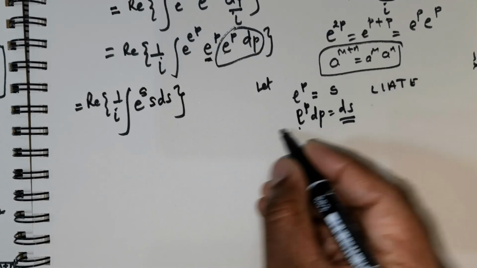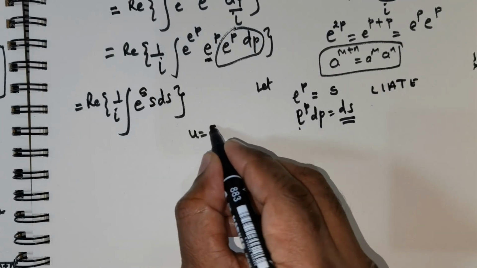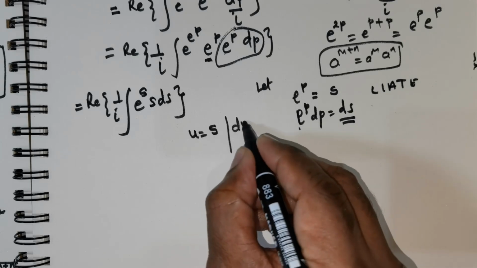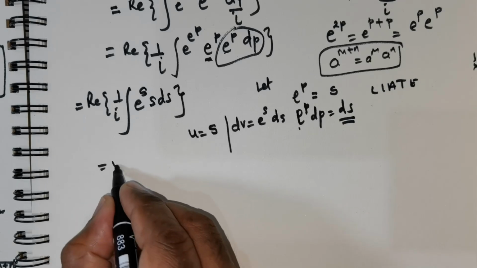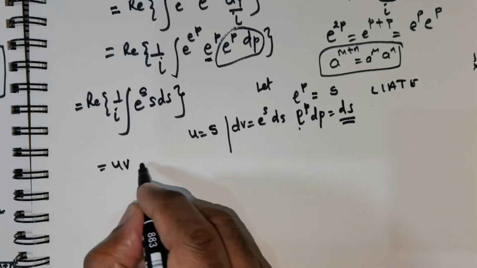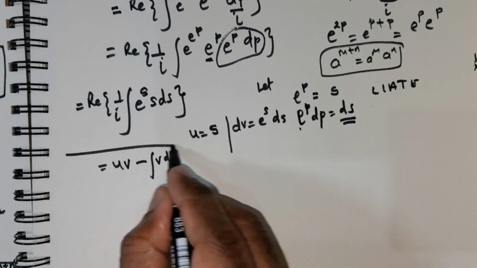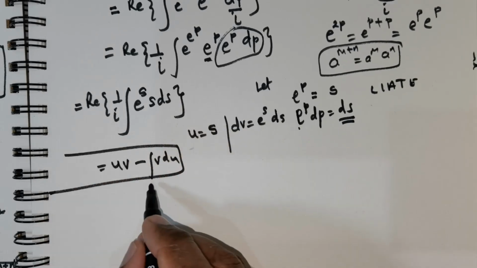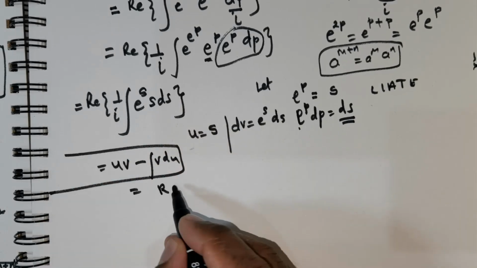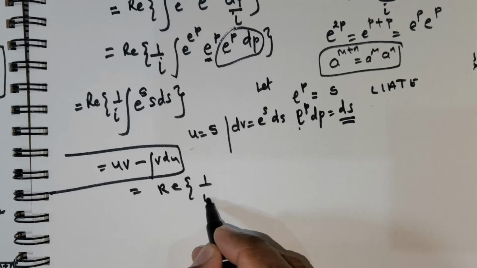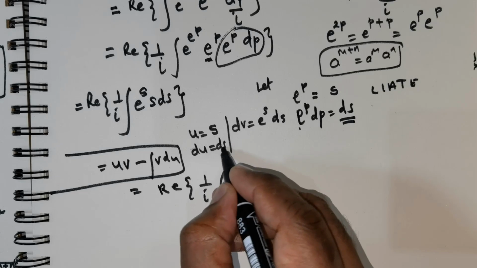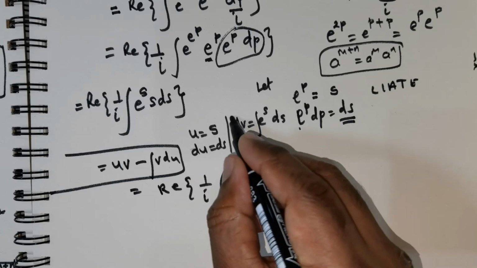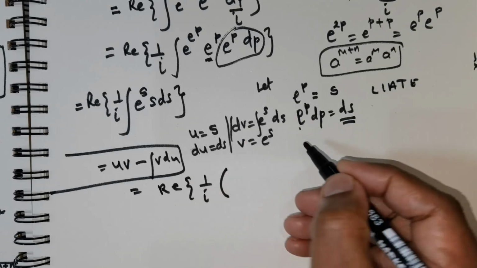Okay. Now we can always use integration by parts. Using the LIATE concept, I would take u to be s and dv is equal to e raised to the power of s times ds. Now I hope you know the formula. Integration by parts: uv − integral v du. So this entire quantity is going to be equal to the real part of 1 over i times, my du is ds, my v is the integration of e^s, that's going to be e^s.